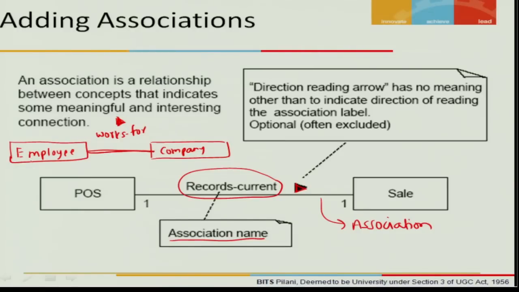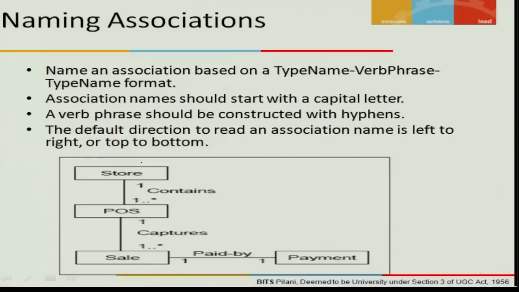Whenever you say employee works for company, naturally there is a relationship between company and employee also, which is hires. So company hires employee, company recruits employee. So an association is always bidirectional. Let's move on.